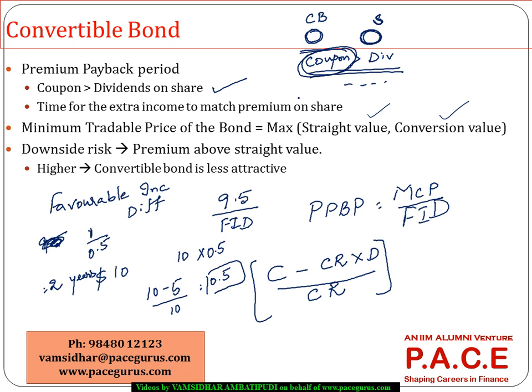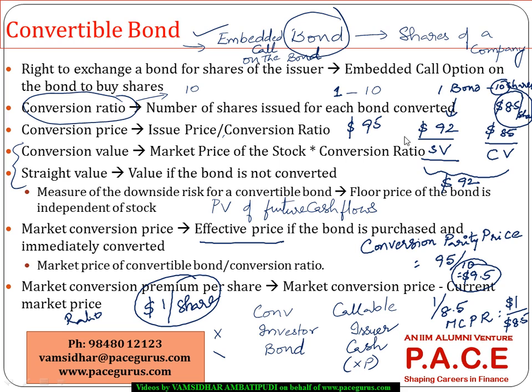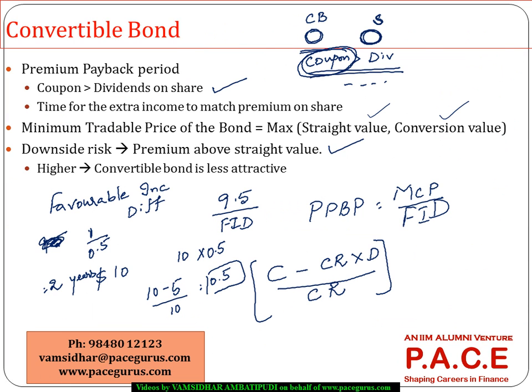And one more thing is the downside risk with respect to a convertible bond is nothing but the premium above the straight value. We have looked at the straight value of the bond, which in our example is 92, and the price is 95.